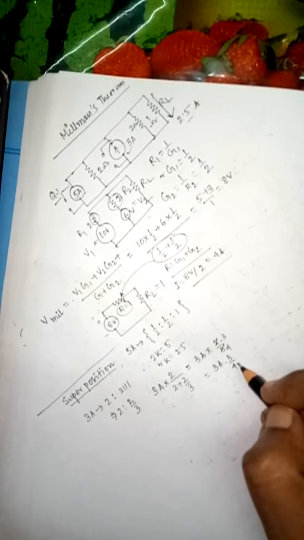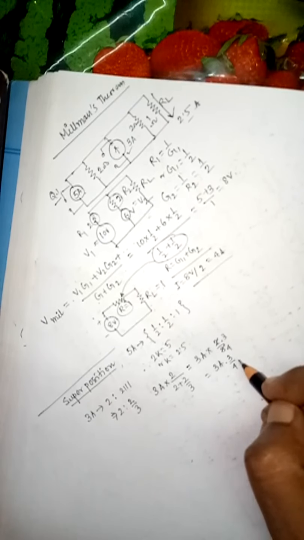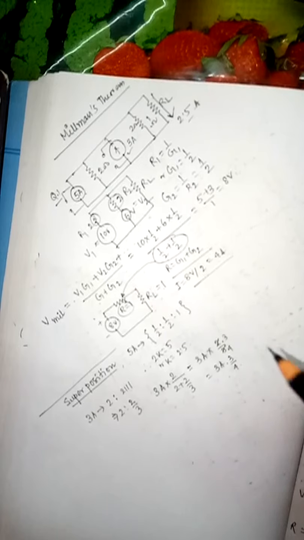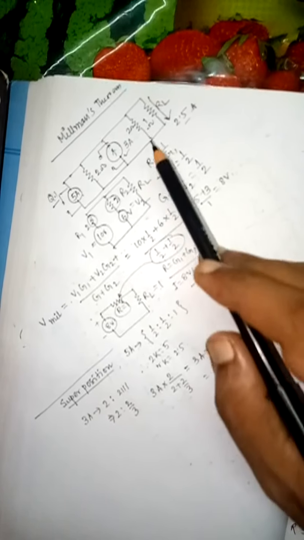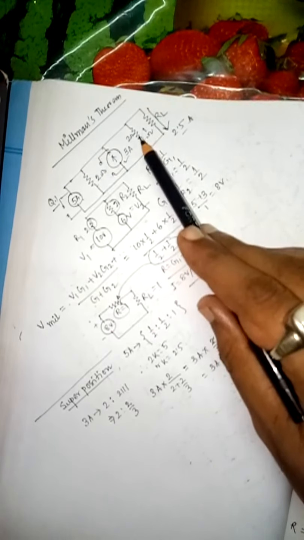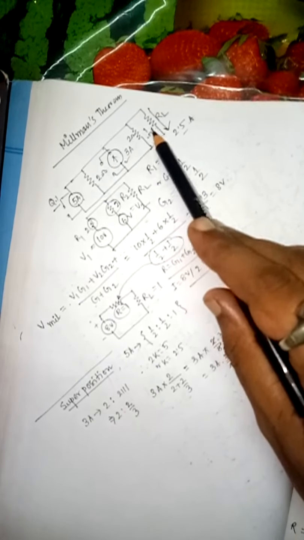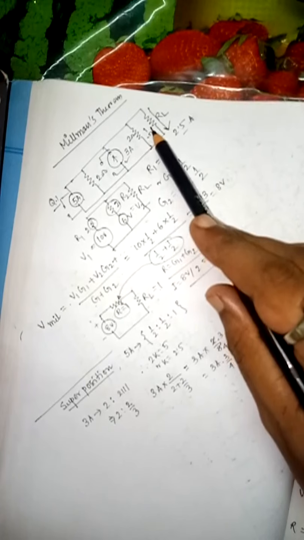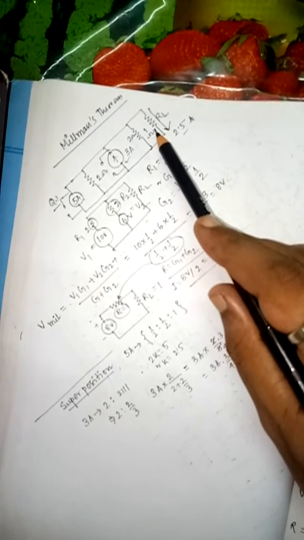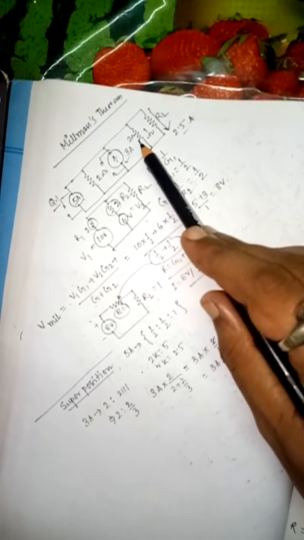Again this 3/4 is divided into 2/3 and 1/3, because the total resistance is 3. So 2/3 of the current will pass through the lower resistance, since lower resistance carries larger current, and the larger resistance carries lower current.